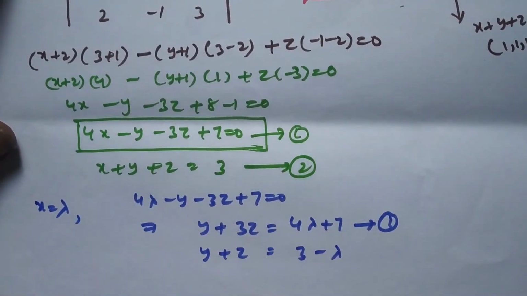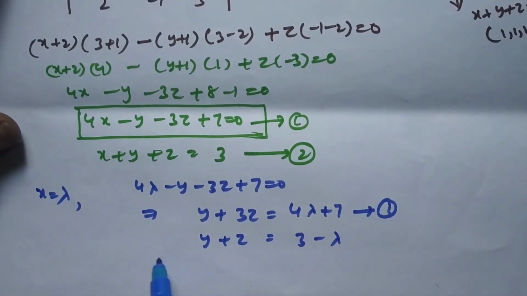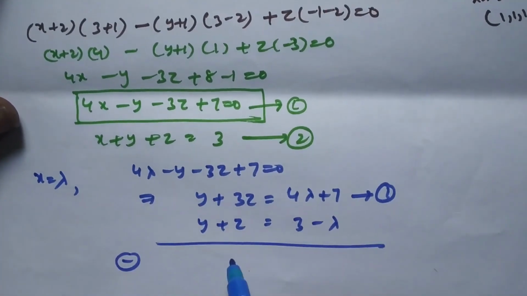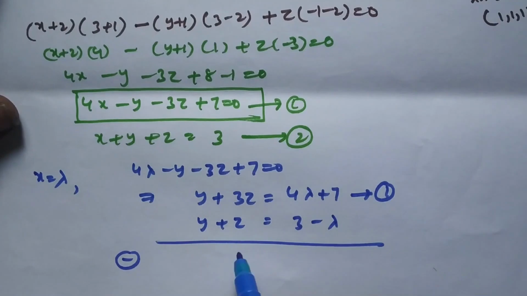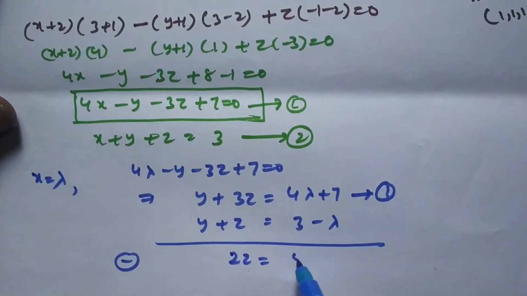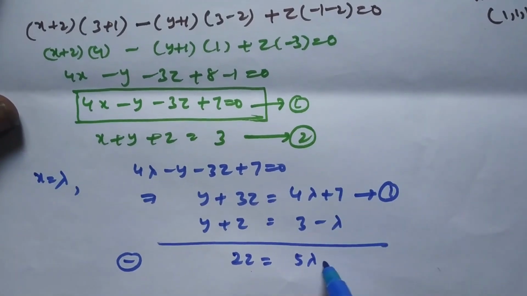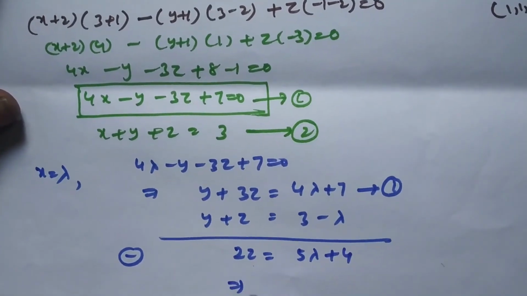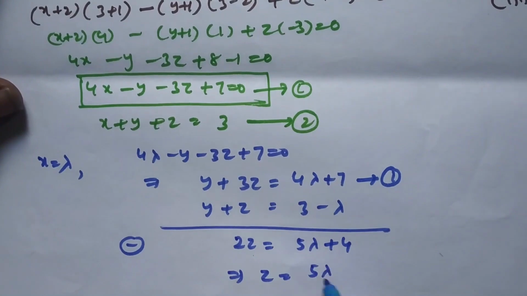We are substituting x equal to lambda. Now by solving these two equations, by subtracting, 3z minus z, that is 2z is equal to 4 lambda plus 7 minus 3 plus lambda, that is 5 lambda plus 4. So implies z is equal to 5 lambda plus 4 by 2.